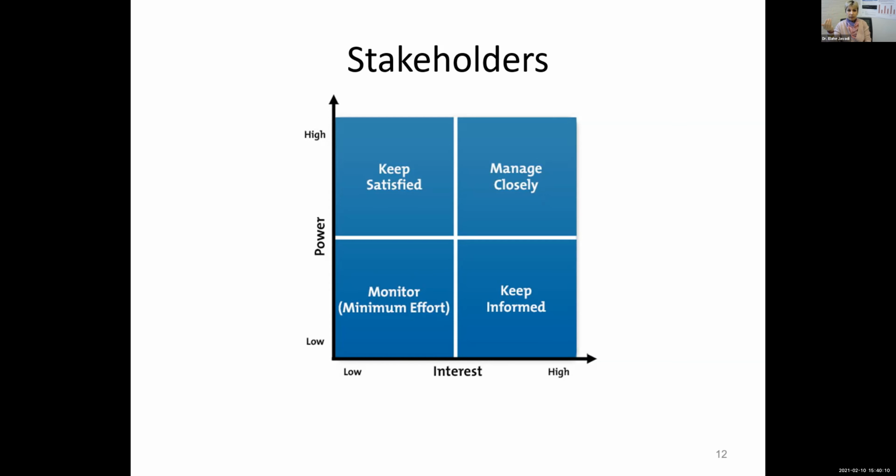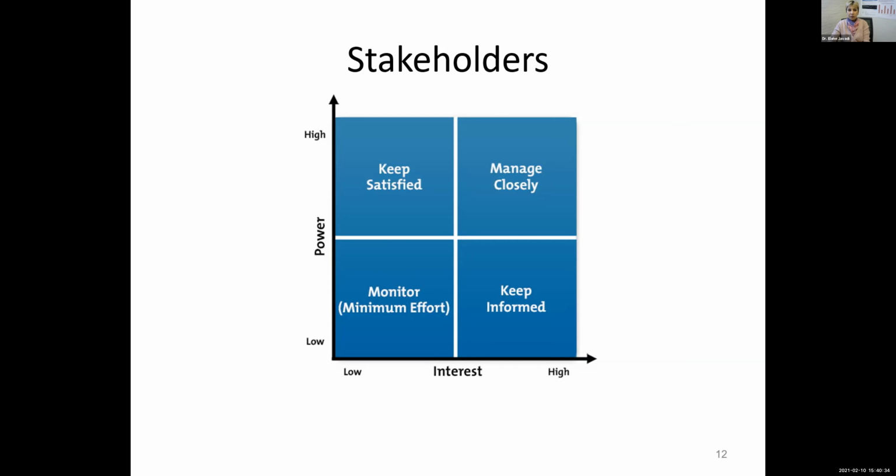Just like the things we did with our risks, the one at the top right corner, somebody who is highly interested, and they have high power over your project, you want to make sure you pay attention to them. So the general strategy listed on the top right corner is manage closely.